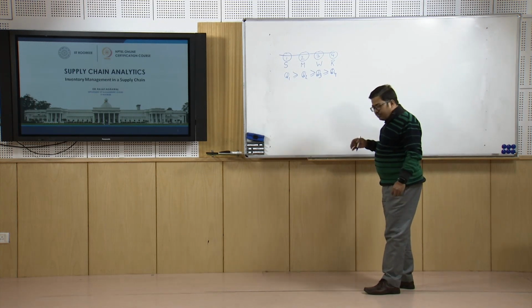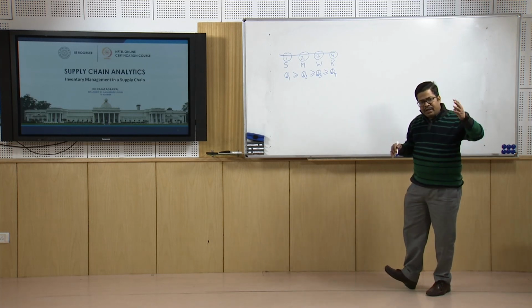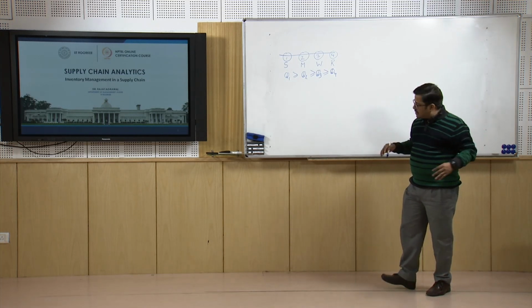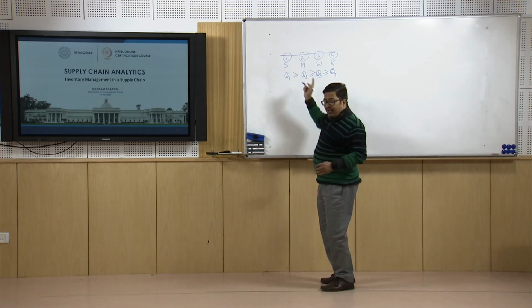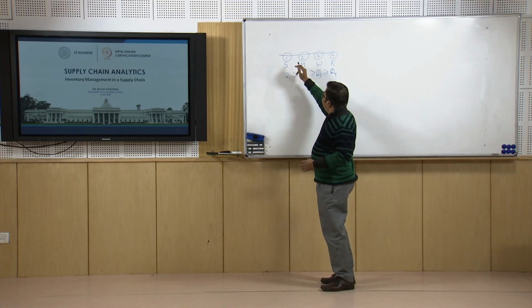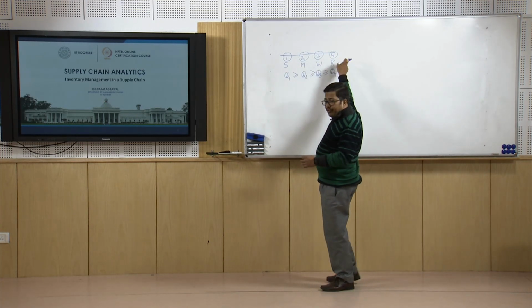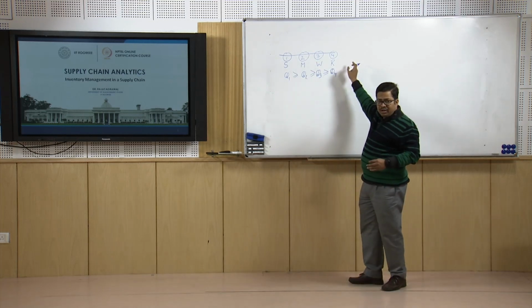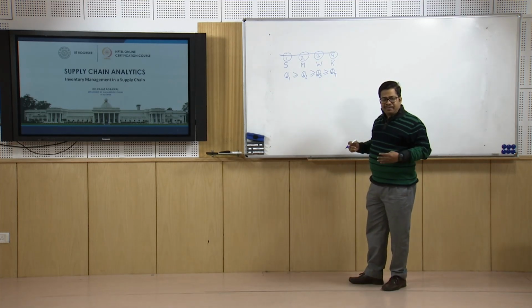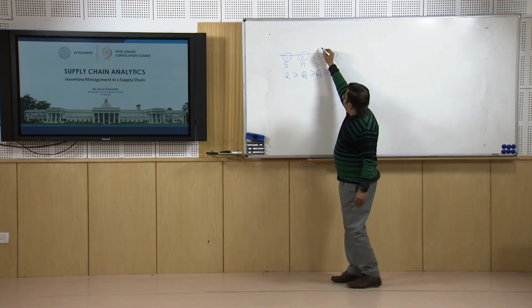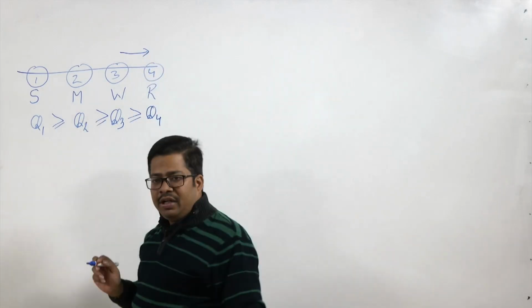The other important thing which we already discussed in the two installation system is the holding cost. As I move from 1 to 4, I am doing value addition. This is the direction of value addition.